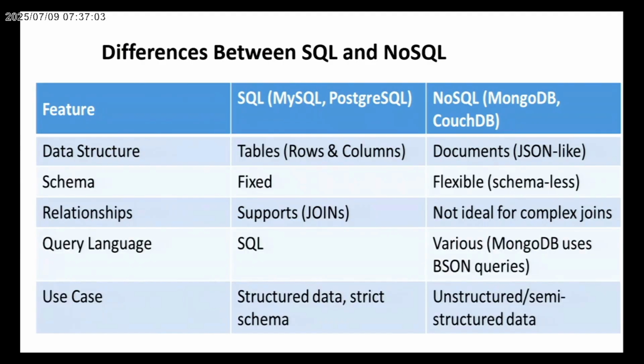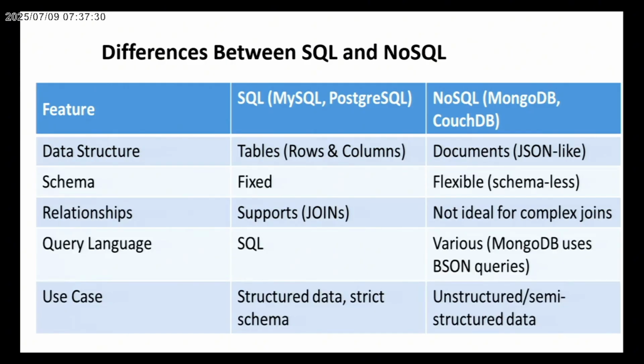This shows the difference between SQL and NoSQL. For NoSQL, here we consider only MongoDB and CouchDB. Normally, the data structure of SQL uses tables, that means the rows and column concept. But NoSQL uses document-based, key value-based, column-based and graph representation.